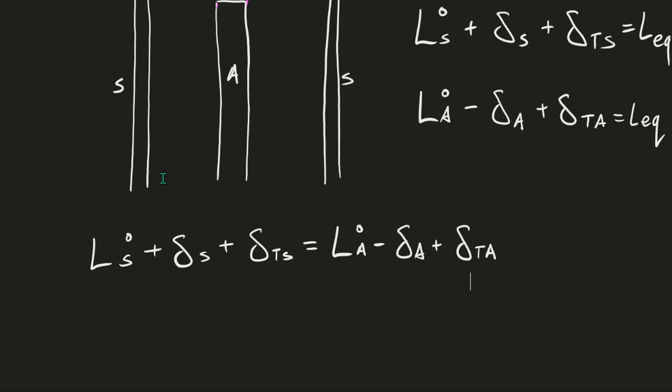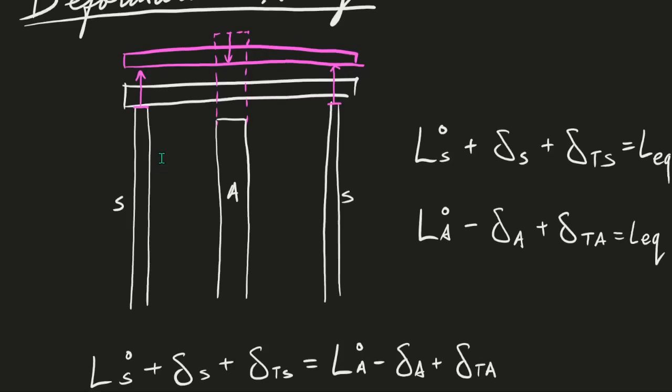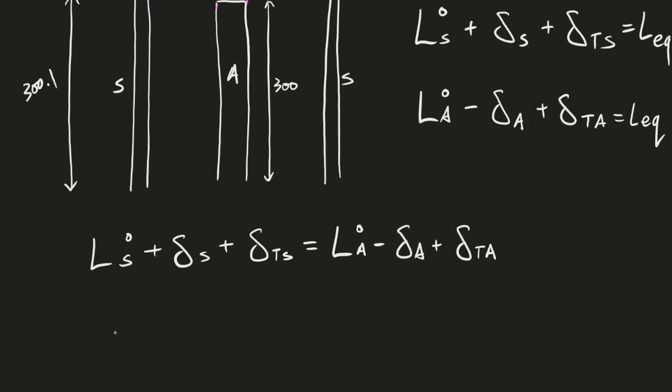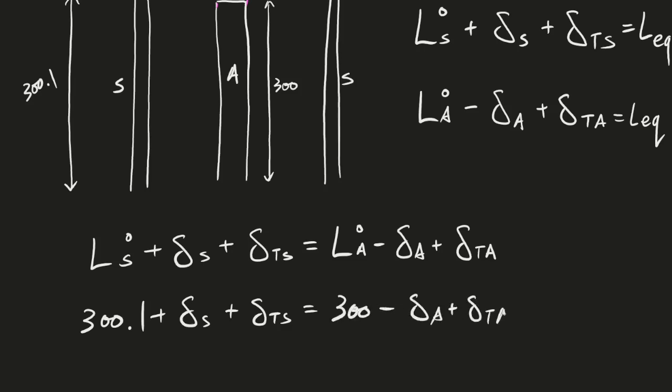Okay, what is the original length of steel? You're probably going to say 400, but in this case, it's actually the length that is between the rigid bars. So originally, it's 300.1, and the original aluminum length was 300 exactly. That means 300.1 plus all the other terms is equal to 300 minus and plus all the other terms.